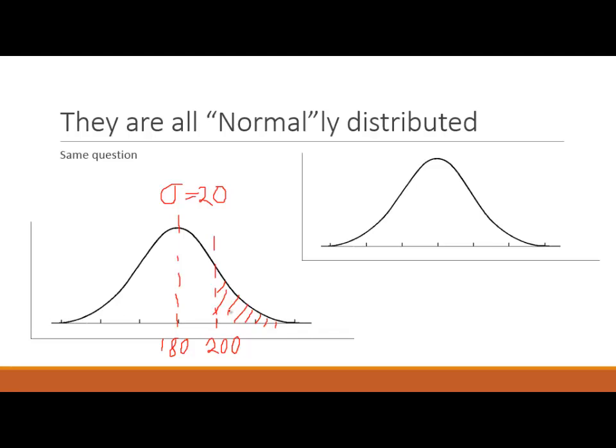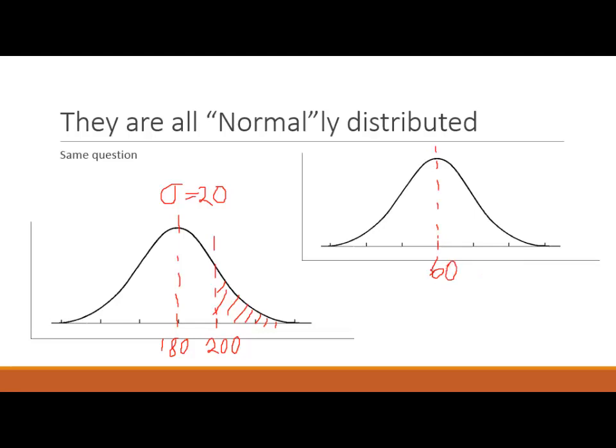Now, it turns out that all normal distributions are identical in terms of their properties. What does that mean? So this question of the weights is exactly the same question as the following. Let's say that the average income of a juggler, and I'm just making this up, is $60,000.